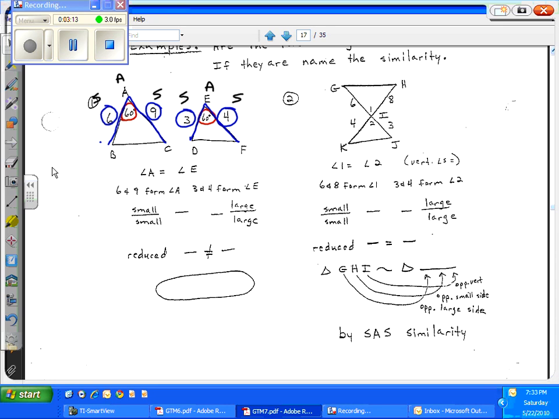So we've got a pair of equal angles. Angle A is equal to angle E. And we have the sides that form that angle, 6 and 9, and 3 and 4. So we're going to put the small of this over the small of that, the large of this over the large of that. 6 over 3 reduces to 2 over 1.